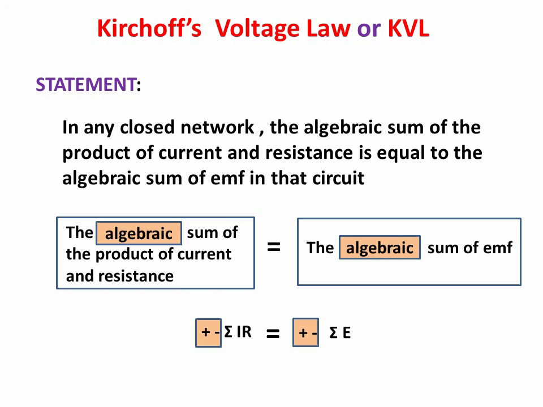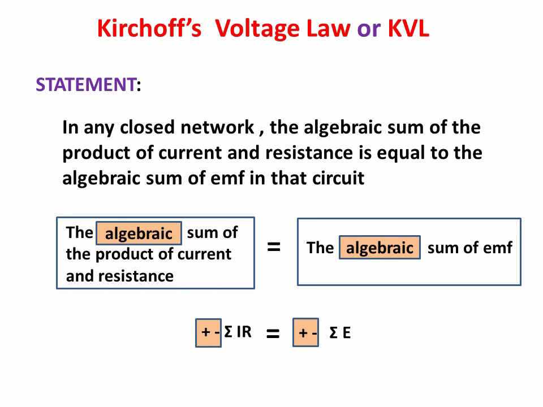The sum of the product of current and resistance equals the algebraic sum, that is plus or minus sum, of EMF. This is an easy way to remember Kirchhoff's voltage law.